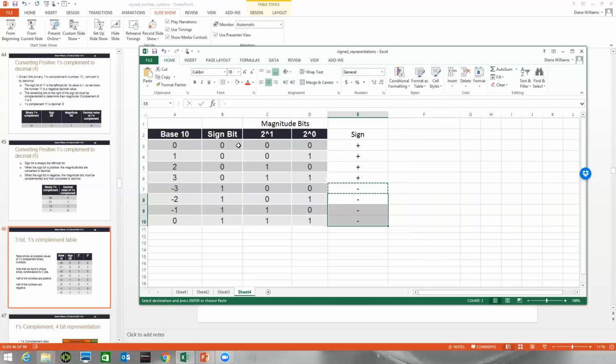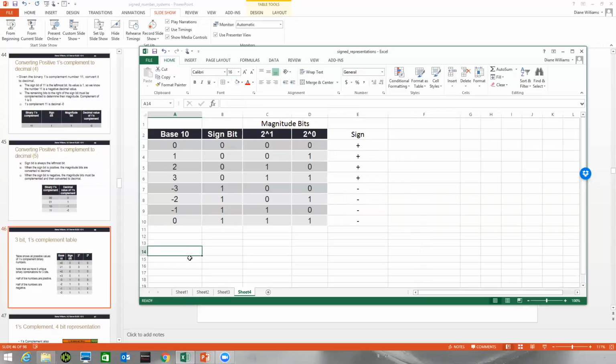So what we do then is we take, remember, when the sign is positive, convert the magnitude bits to decimal, or I'll say to base 10, right?